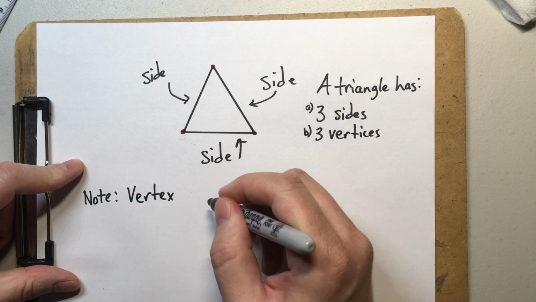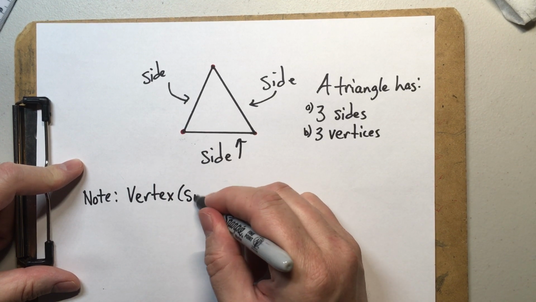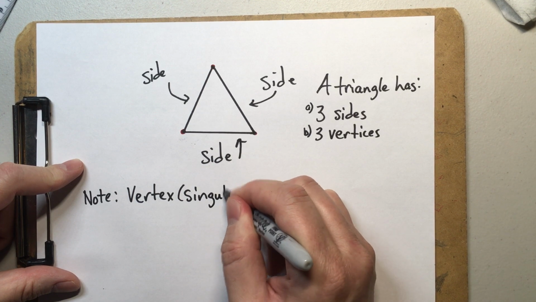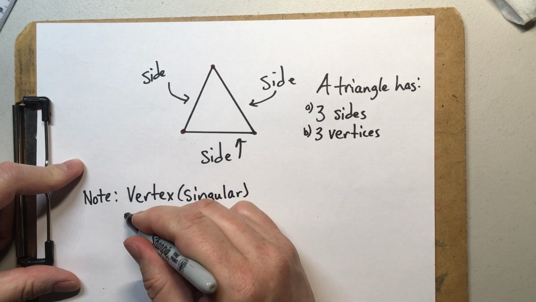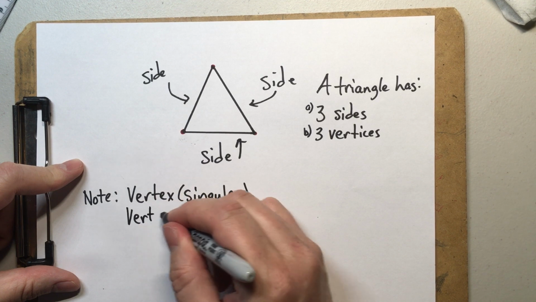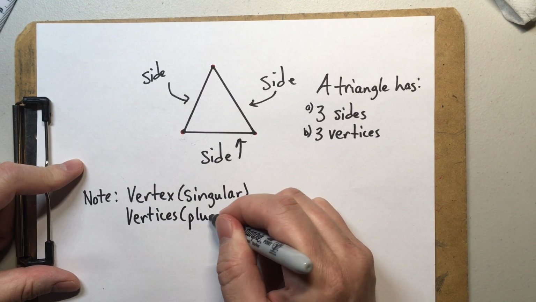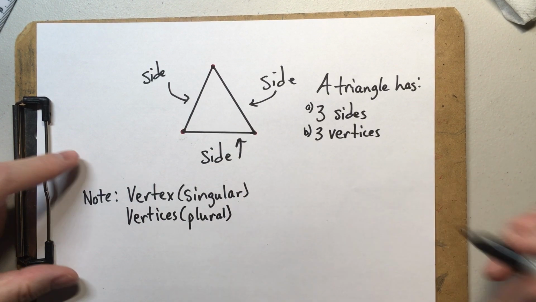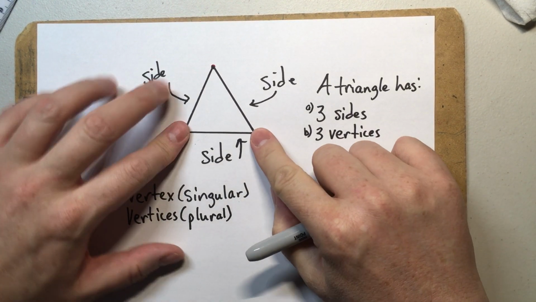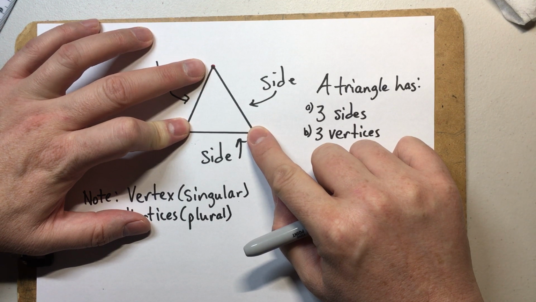That means that there's one. Vertices is plural. That means more than one. Okay? So if I'm just looking at this one, that's a vertex. It's only one of them.